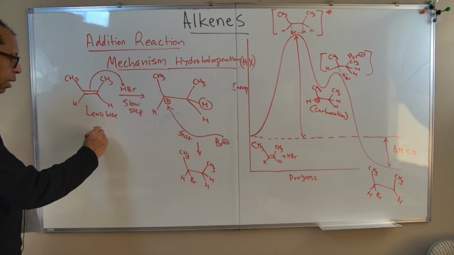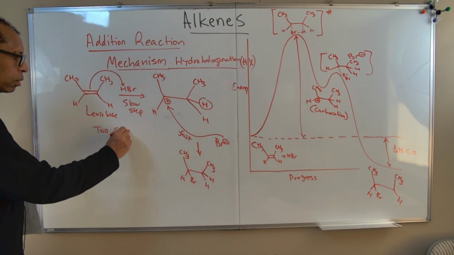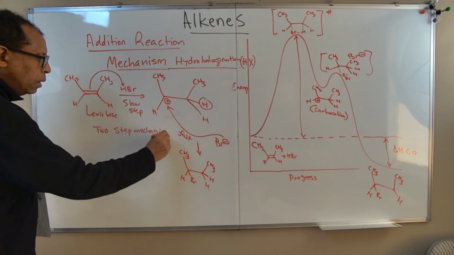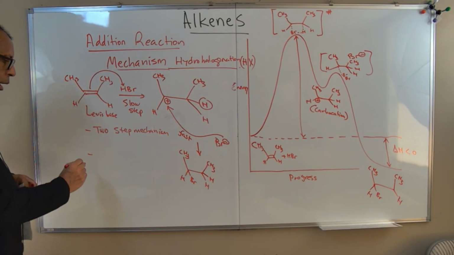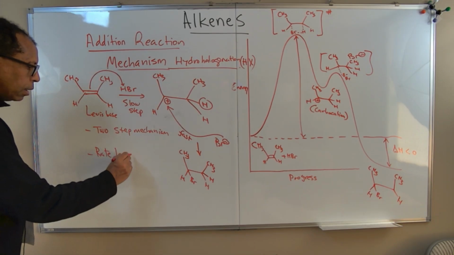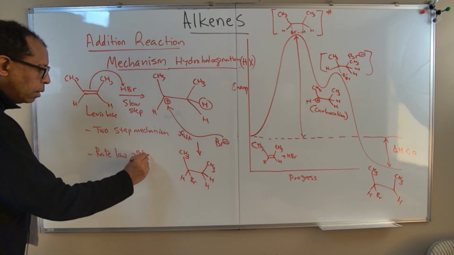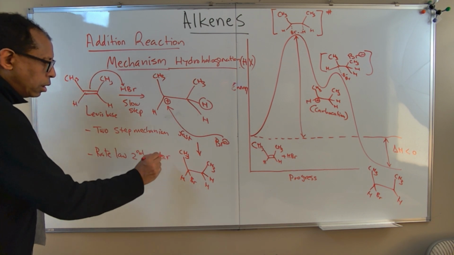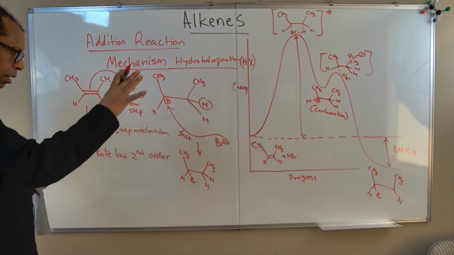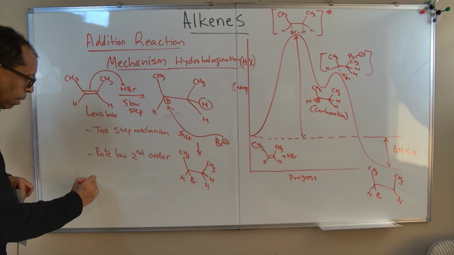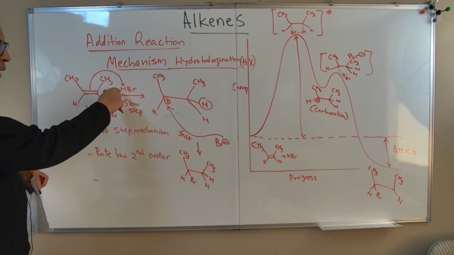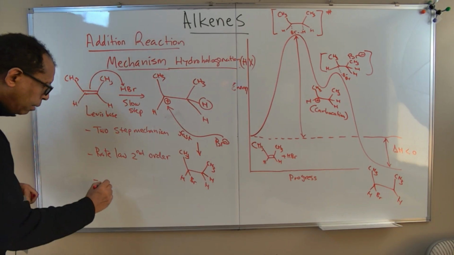So first, let's summarize this. This is a two-step mechanism, hydrohalogenation, and the rate law follows second order kinetics. What it means is that at the transition state, at the highest energy transition state, both the alkene and also the hydrohalide are implicated.